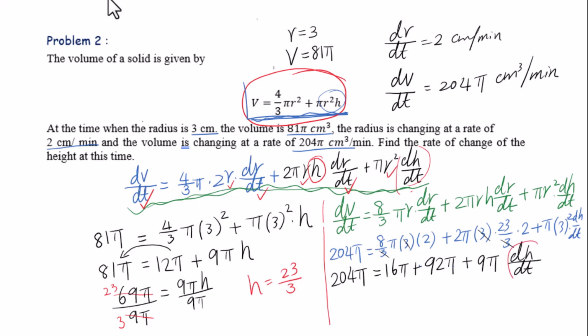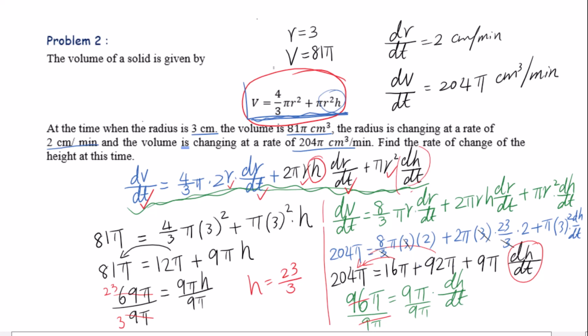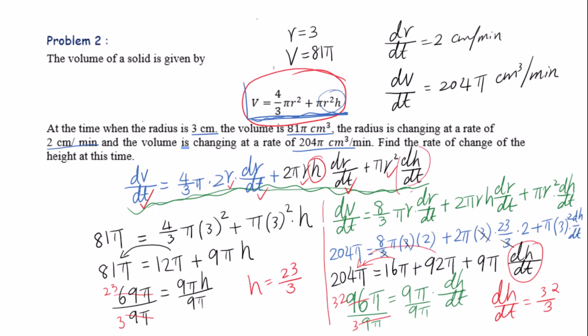We need to isolate dh/dt. 204 pi minus 16 pi minus 92 pi, 96 pi equals 9 pi times dh/dt. Divided by 9 pi, both sides. Reduce 3, 32. dh/dt equals 32/3 centimeters per minute.